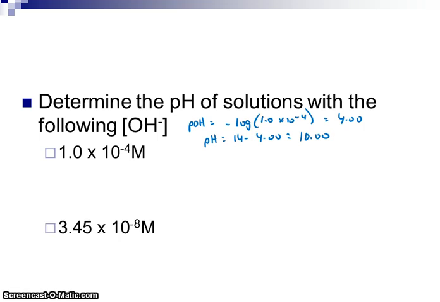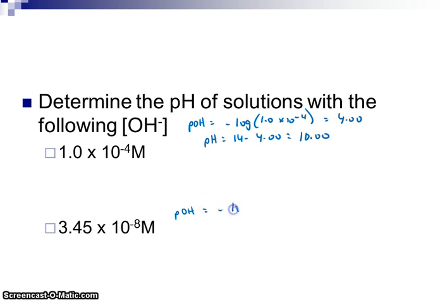So let's say we're told that the hydroxide ion concentration is 3.45 times 10 to the minus 8, and we want to find the pH of the solution. Again, we've got two ways to do this. I'm going to calculate the pOH first and then get the pH from that value.